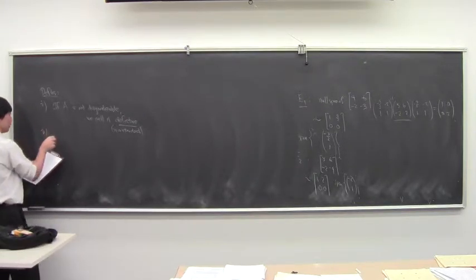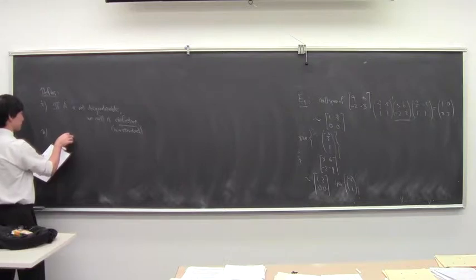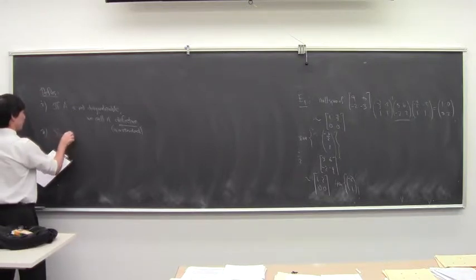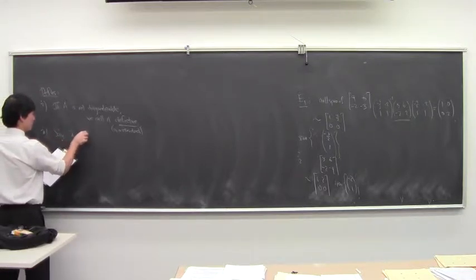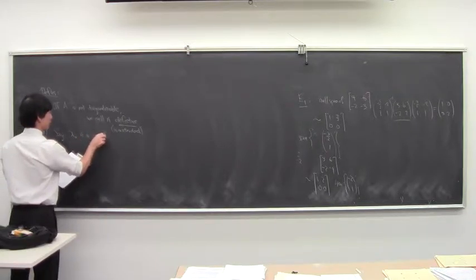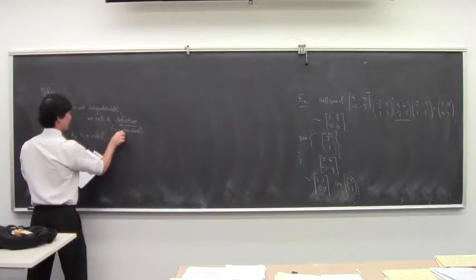Okay. Definition number 2. Say lambda naught is a root of the characteristic polynomial.